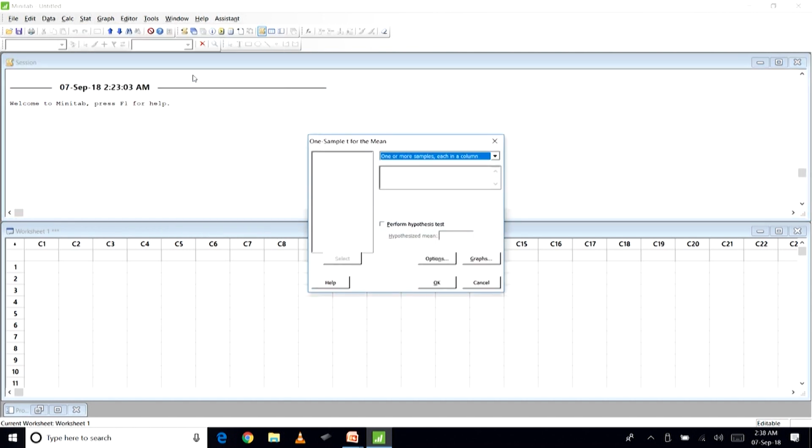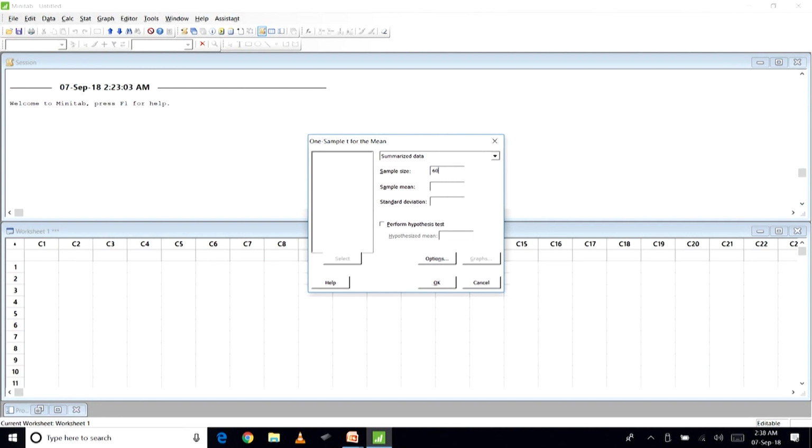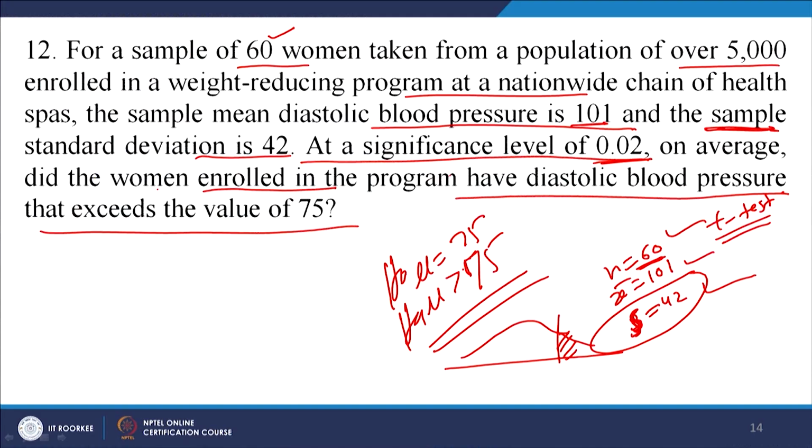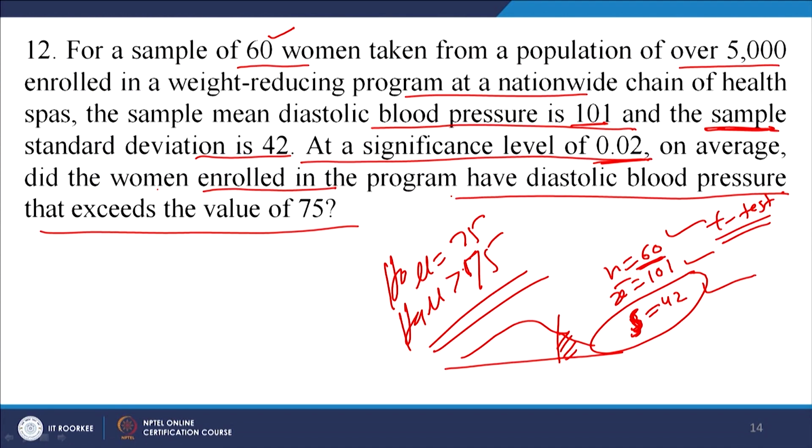Click over here. This is how you can enter data. Either you can enter data in these columns over here, or you can have summarized data. So, the sample size was 60, sample mean 101, sample standard deviation 42.